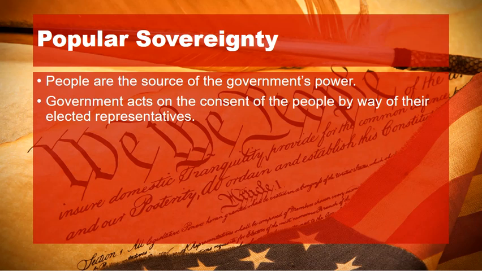In a way, we have little mini revolutions every two years when it comes to the Senate and the House, that we can decide if we want to keep our representatives or get rid of them. Every four years, we have the ability to either keep who is president or vote them out. So the government that we have is there because we allow it to be there.